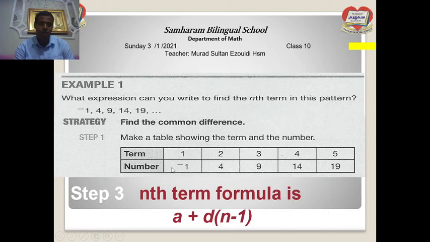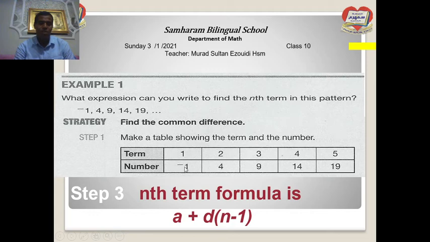Here in the table that you constructed, showing the numbers and their corresponding terms, we can see that a is -1. Just reverse term here down and number there up.